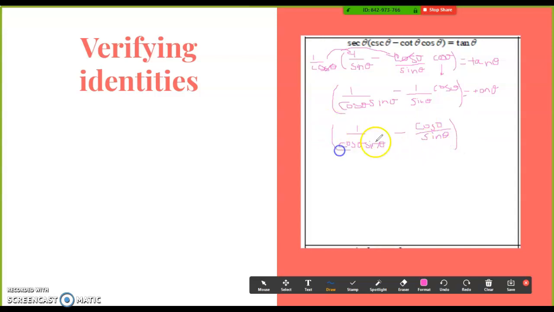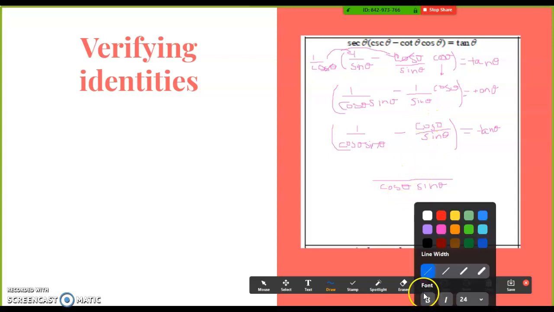On the left side, the only thing I can do is try to make this one fraction again. And if I make this one fraction, the common denominator is cosine theta sine theta. And that means that I need to multiply this fraction by a cosine of theta to have that in the denominator.